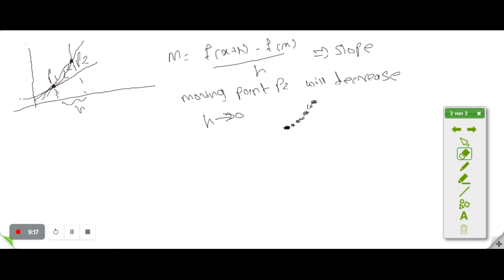As h tends to zero, there will come a point where these two points are almost the same, right? And then you can find the slope at this point. And if you notice, this is a tangent. If you draw a line at this point, this is a tangent, right?